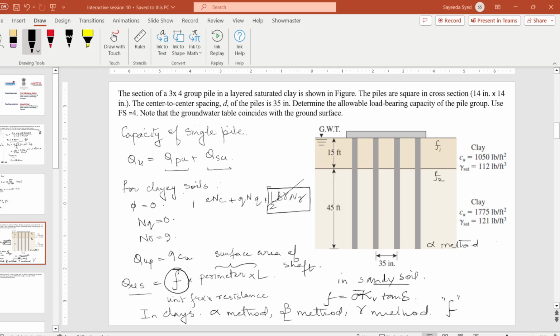This will be equal to, there are charts for this in the alpha method, and alpha 2 or f2 will be equal to, okay. So let's continue.